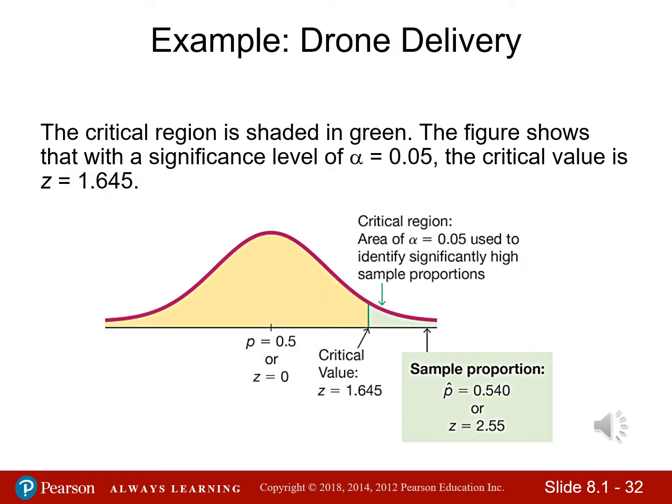Getting back to our drone example, recall that the claim is that the majority of consumers are uncomfortable with drone delivery, so we will be conducting a right-tailed test. In this figure, you can see that the critical region is shaded in green. This graph shows that with a significance level of alpha equal to 0.05, the critical value is z equals 1.645.